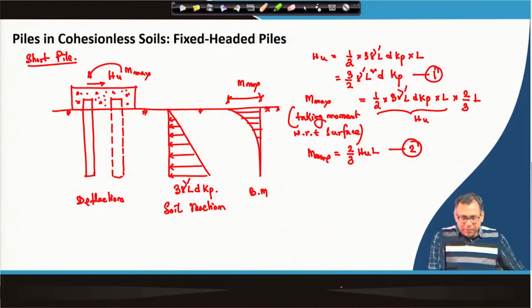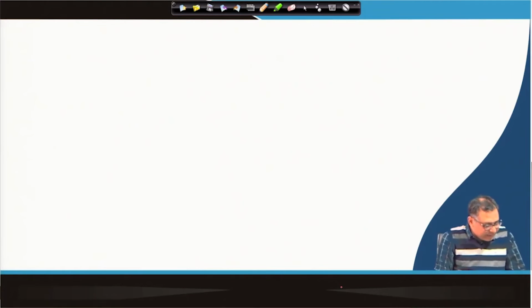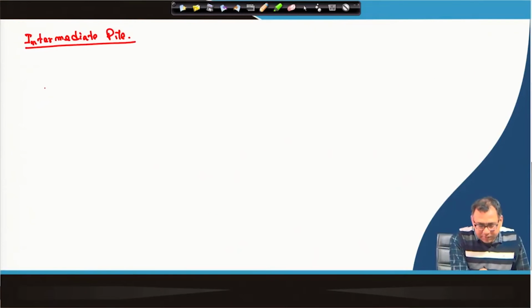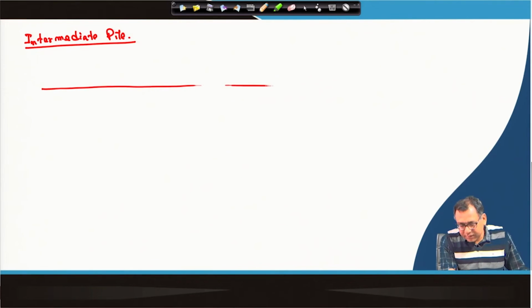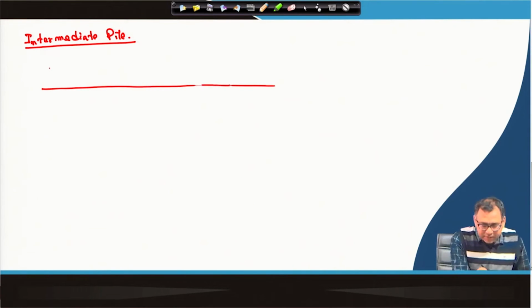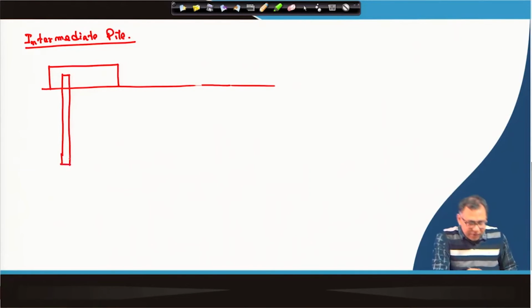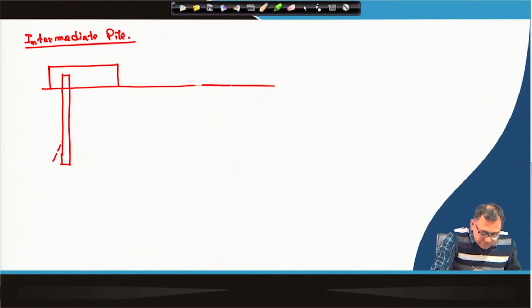Okay. Now, we will go for the intermediate pile. So, for the intermediate piles, again this is the ground surface, and this is the fixity, and this is the pile, and again like the cohesive soil, it will rotate with respect to a point.